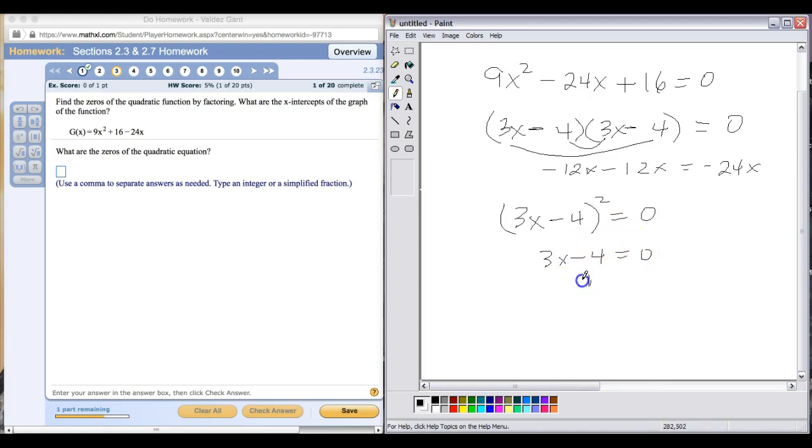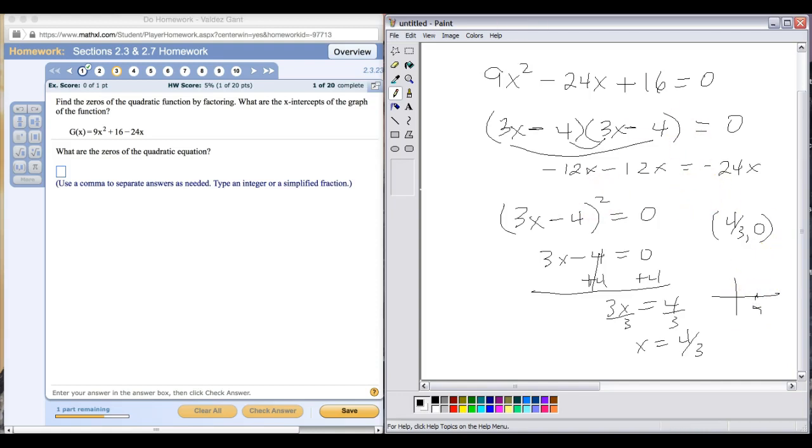Once that's gone, we just add 4 to both sides and then divide by 3, and then x is 4/3. So this particular quadratic function only has one x-intercept, and it is at the point (4/3, 0).